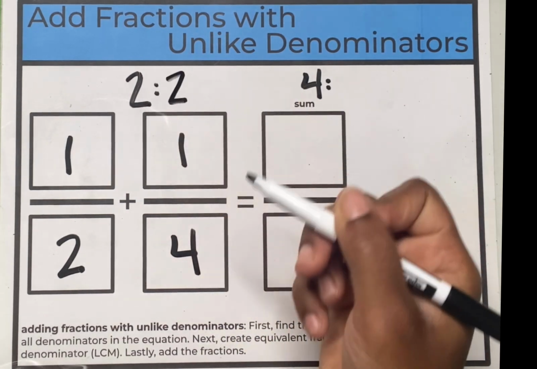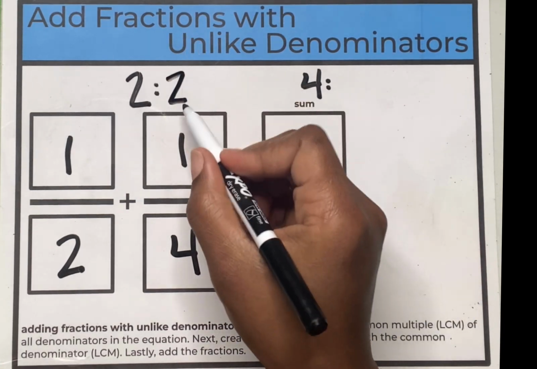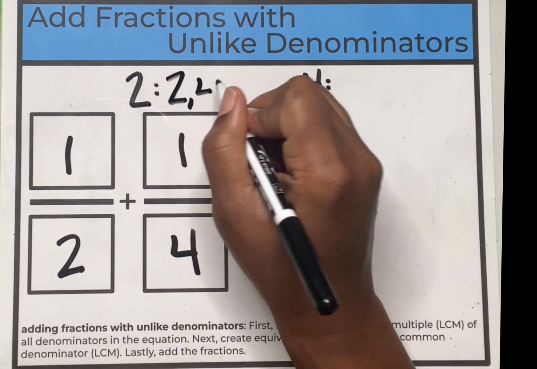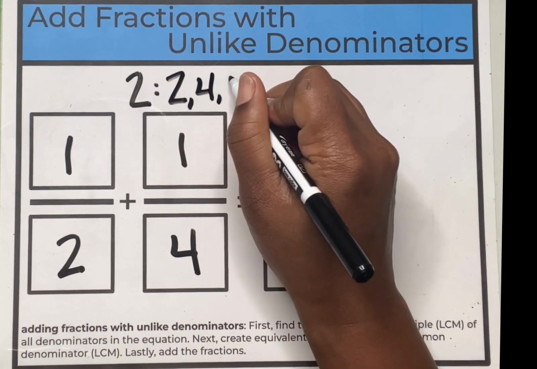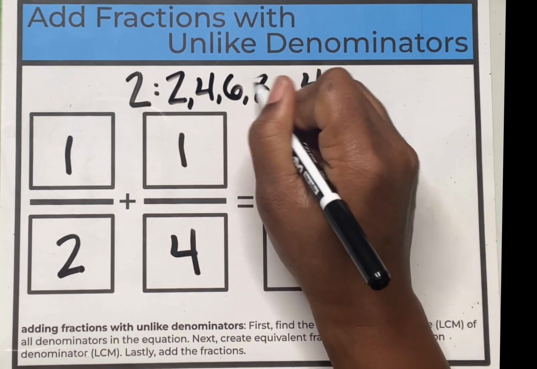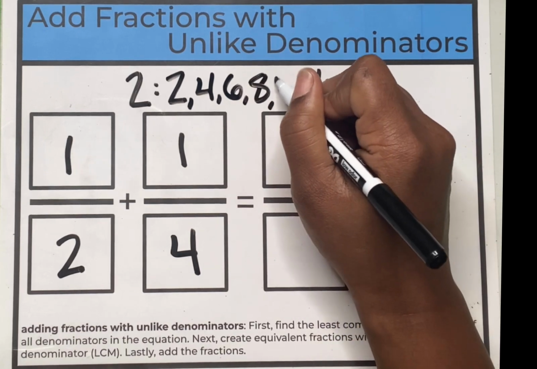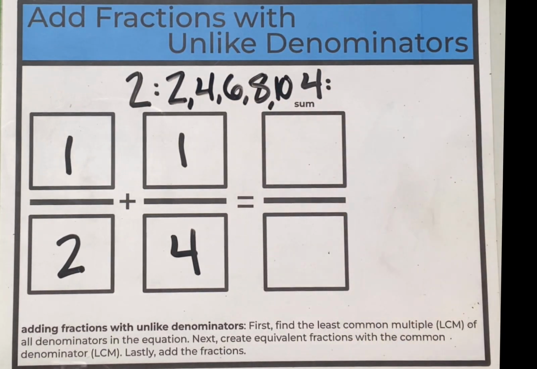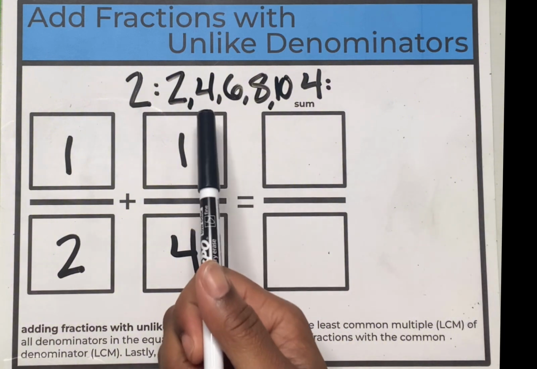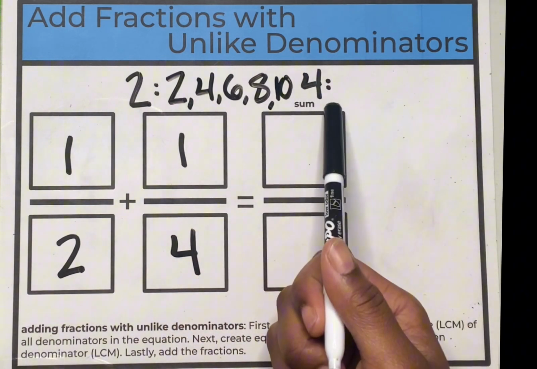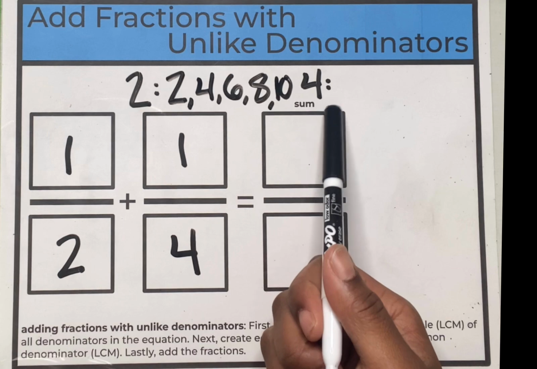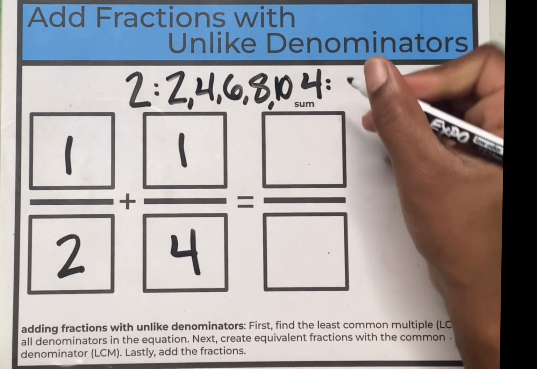Always start with 2 times 1. So we have 2, 4, 6, 8, 10. I'm going to stop there because I already have 4 here, but let's move on and list the multiples of our second denominator, and then I'll explain.